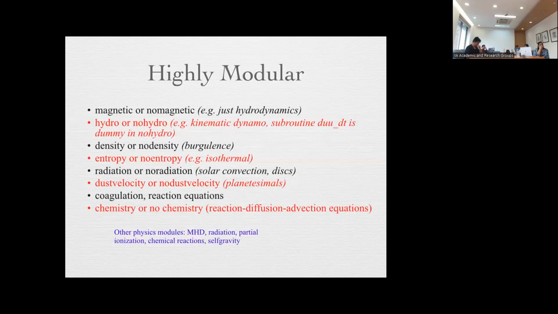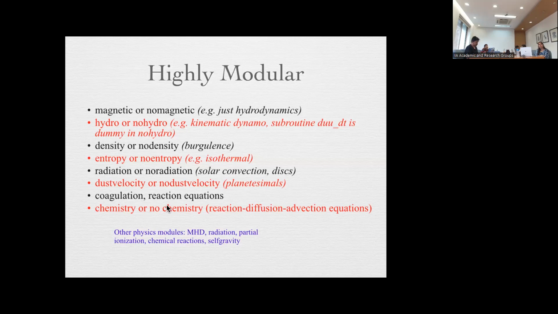Here is what I was saying, and probably was not clear about, the Pencil Code being modular. You can either use the magnetic module or the no magnetic module. If you're doing just a hydrodynamic run, then you set magnetic equal to no magnetic. If you're doing a kinematic dynamo simulation, for example, you can set the hydro hook in the makefile.local to no hydro.